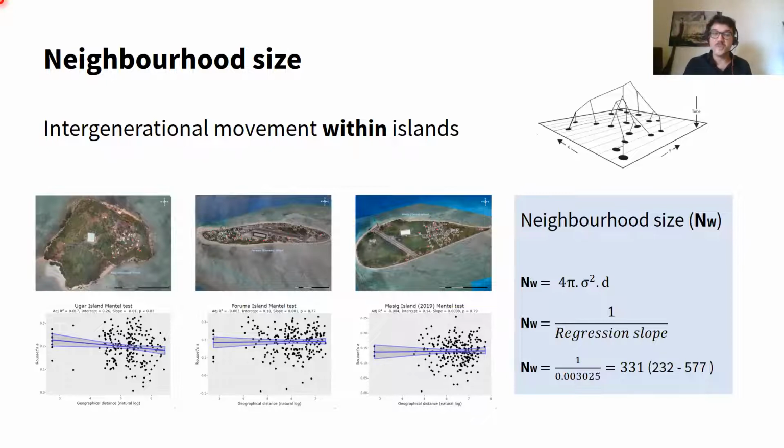Maybe it's just because there's so much movement between the islands. There's not this sort of set isolation by distance pattern. But we can calculate neighborhood size here, which is a measure that seems to be quite similar across mosquitoes so far when we've looked at it. No matter where the mosquito population is, the spatial distribution of genetic variation seems to be pretty similar once you look at a fine enough scale.